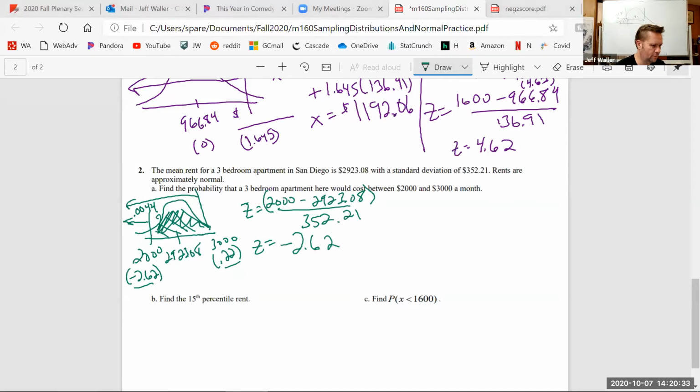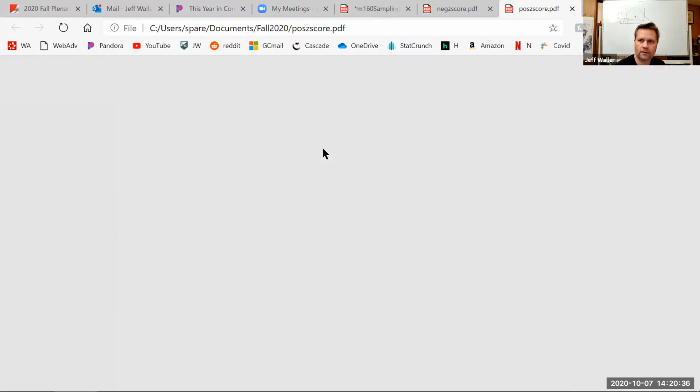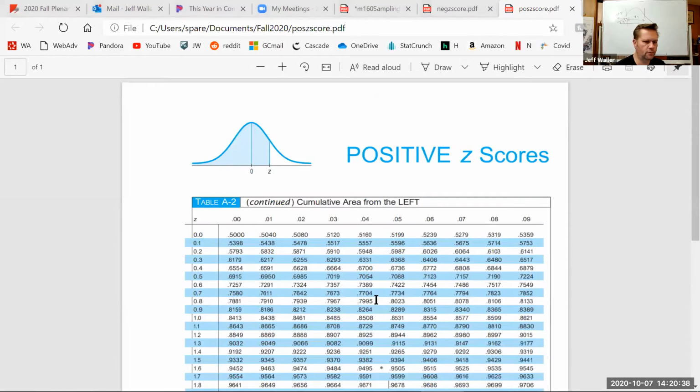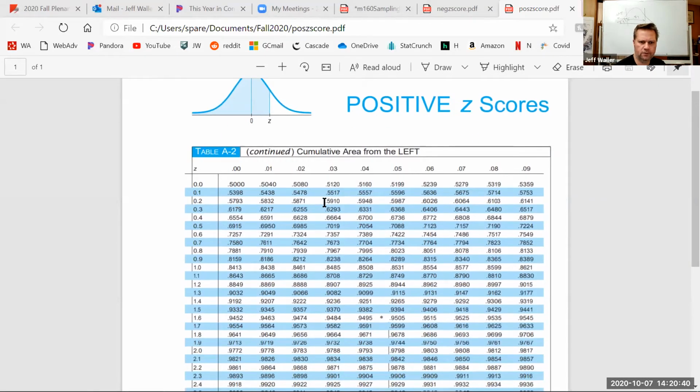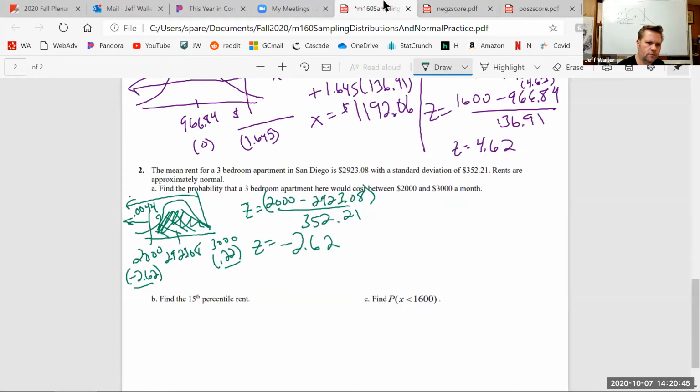I just closed the poor thing. There we go. When you look up 0.22, 0.5871. So this whole area is 0.5871 and this little area is 0.0044. So the area in the middle is the difference between those two. 0.5827. Is that right?